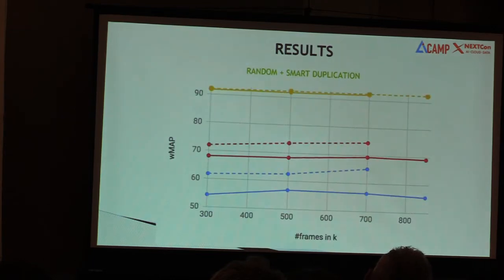And the results are very interesting, of course. Now I'm just showing cars in yellow, and bicycles and pedestrians. If you look at the performance after 300,000 frames, which is one iteration of random plus one iteration of smart selection, the dotted lines, which are the smart selection algorithms, are already way above the full lines, right?